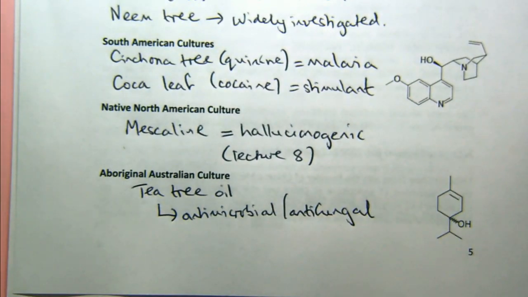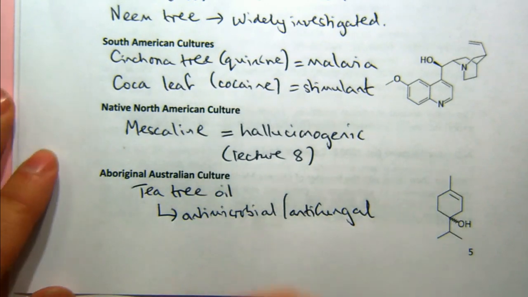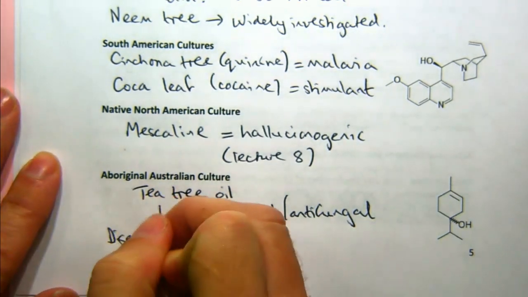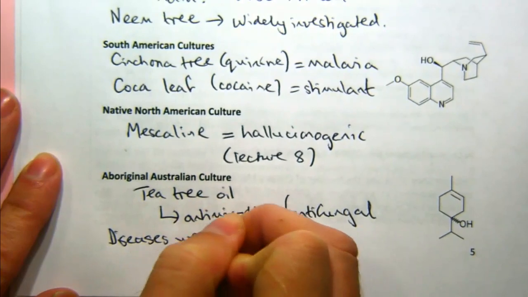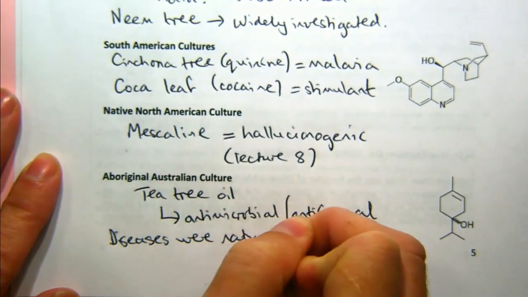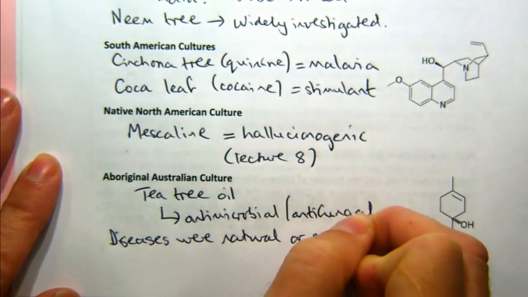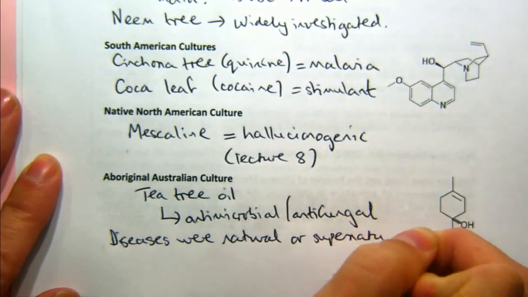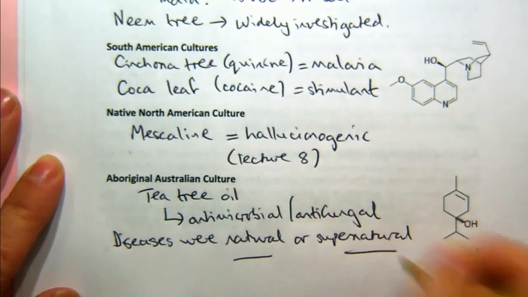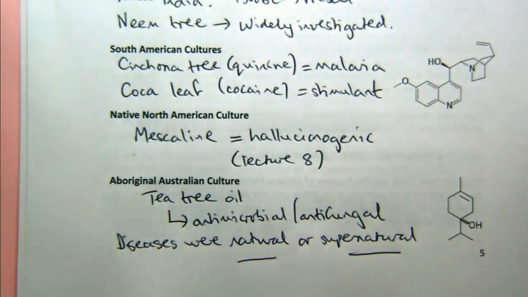And in Aboriginal culture, as in many of these cultures, they believed that diseases were natural or supernatural. So there was this use of the spirit world around disease and this kind of slightly mystical aspect to disease.